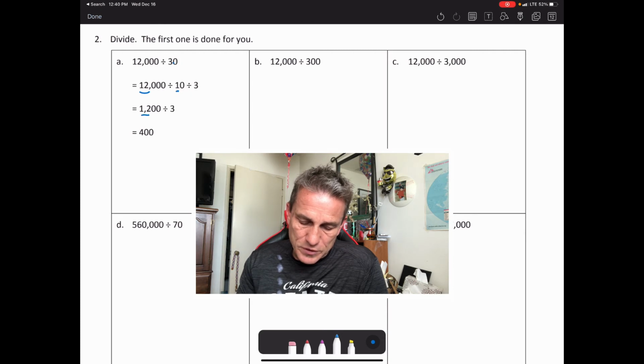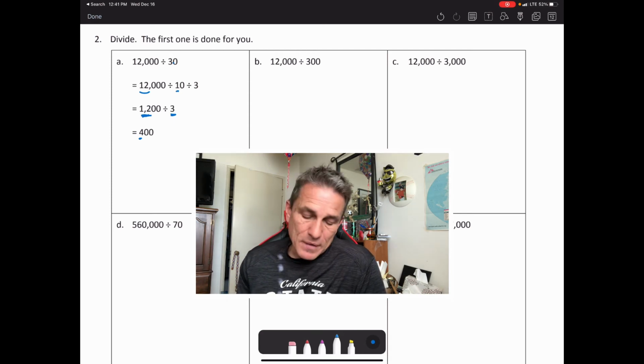And then you have 3 zeros minus the 1 zero. That's 2 zeros left. And now all we have to do is divide by 3. So now you take the 12 divided by 3 is 4. And now you're just left with the 2 zeros minus no zeros is 2 zeros left. Okay? That's one way to think about it.